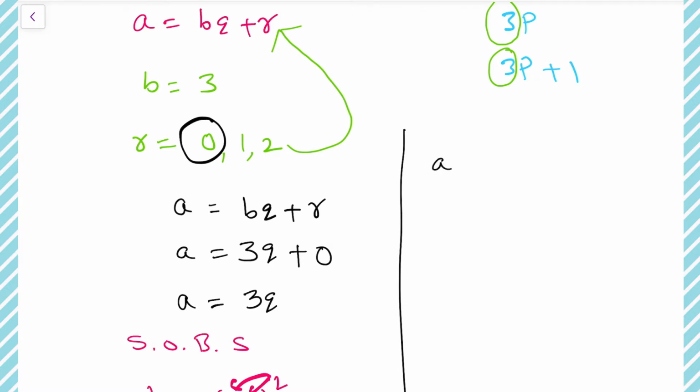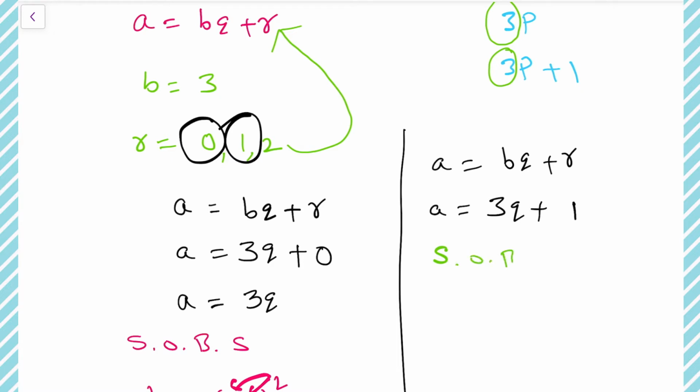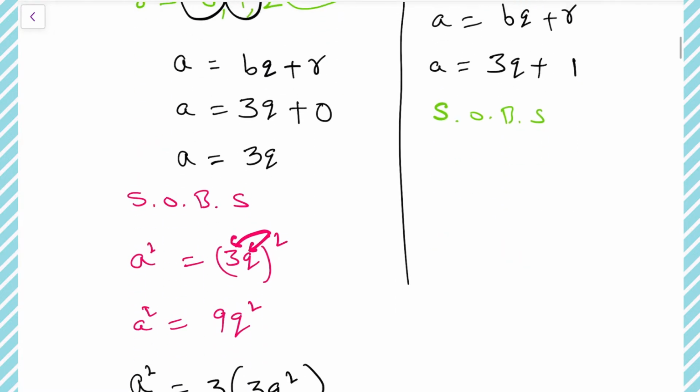So a equals bq plus r. A equals b value is 3, q plus the second remainder we have is 1. Now again same, we need to do squaring on both the sides. So what will it become then? A square equals 3q plus 1 whole square. This is in the form of a plus b whole square.